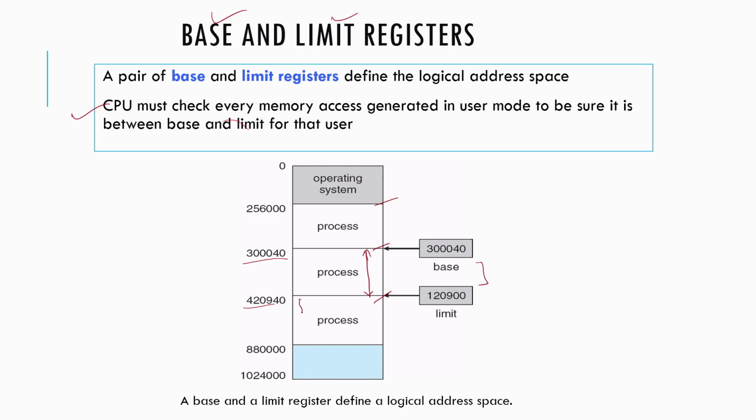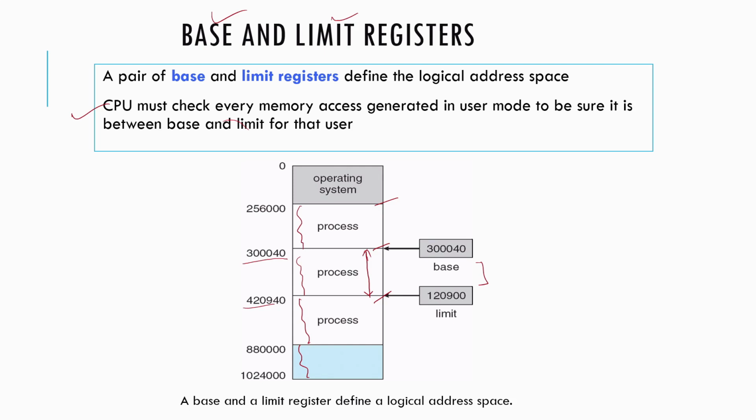You can see they are not the same size partitions. These are different partitions of different sizes, but they are fixed. A list is maintained of how many partitions there are, what the starting and ending addresses for them are, and which one is free and which is not free.